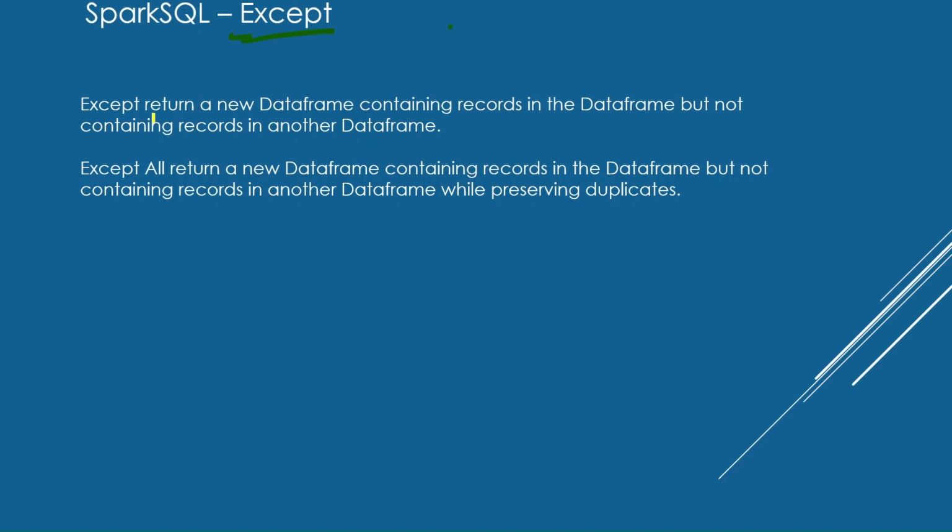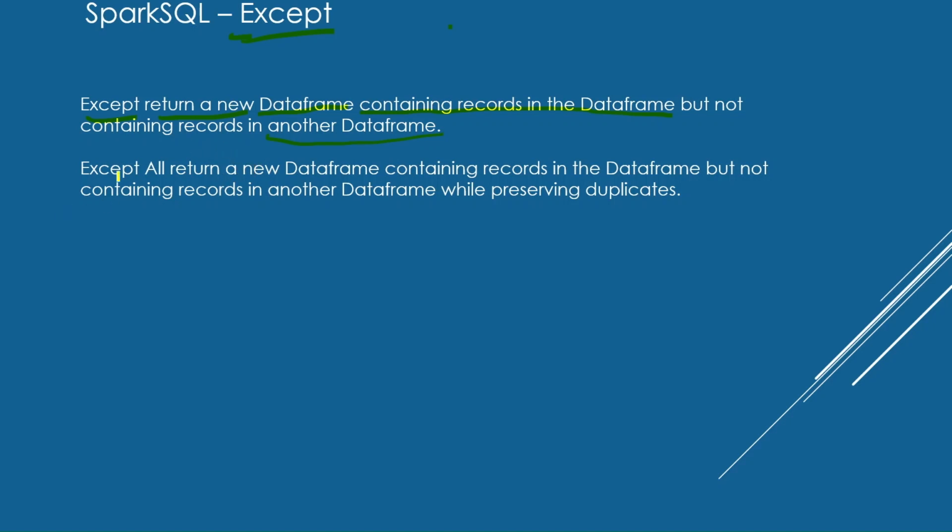When you call the except function over a data frame, it will return a new data frame containing the records in the data frame on which we have called except, but it will not retain the data which is present in another data frame. So this is how the except function works.